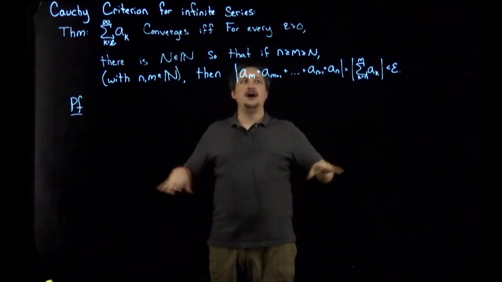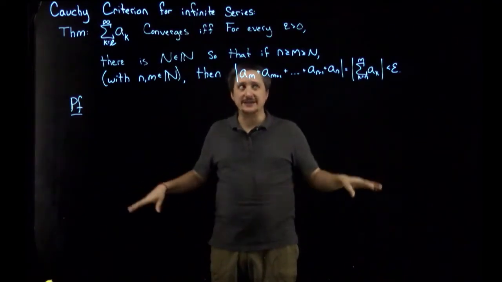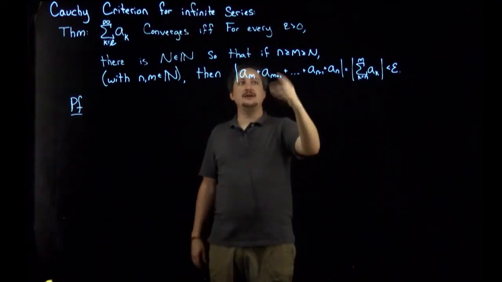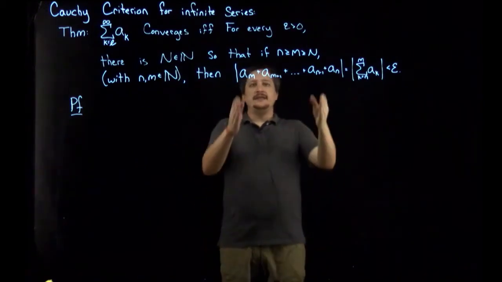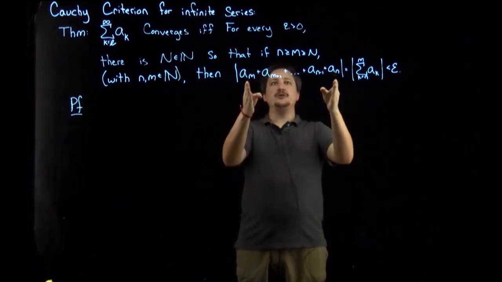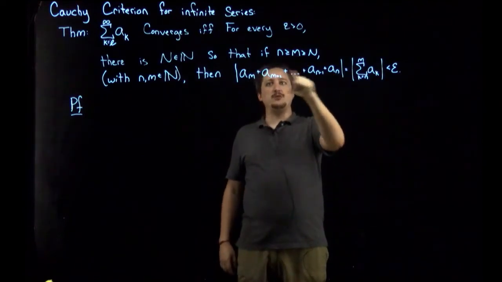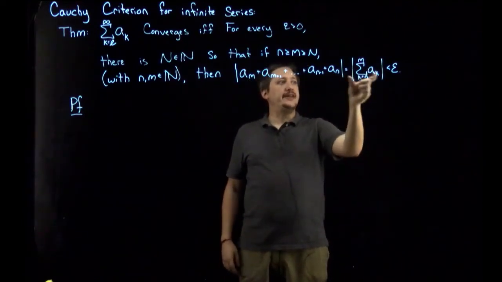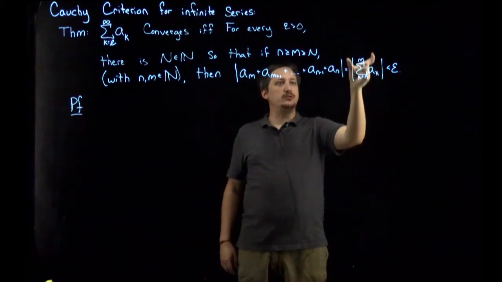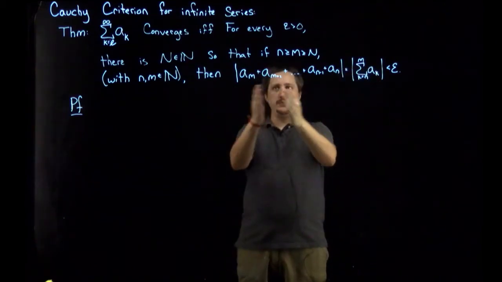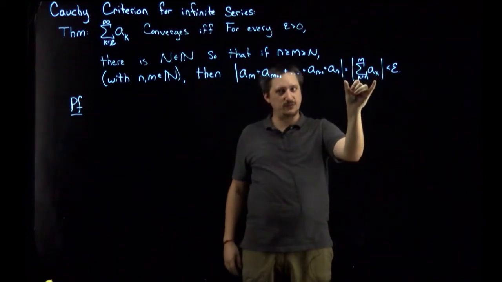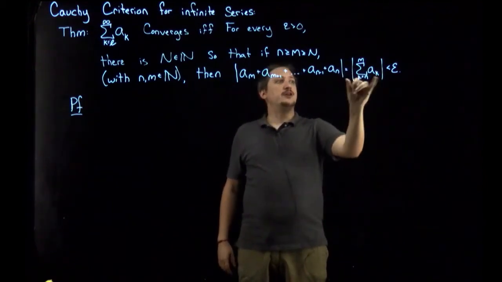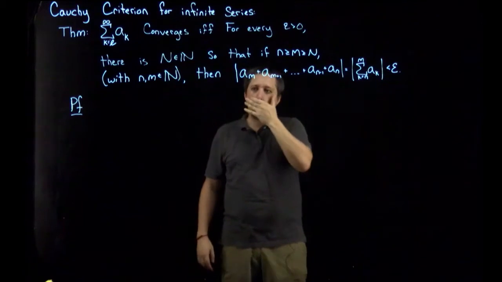The point here is that if you pick any n and m, where the bigger one is labeled n, again, natural numbers, then taking the sum of those terms from the little one up to the big one, a_m up to a_n, that sum in absolute value, the result after summing them up, not the sum of the absolute value of each, but the absolute value after, that's actually really important, is less than epsilon.